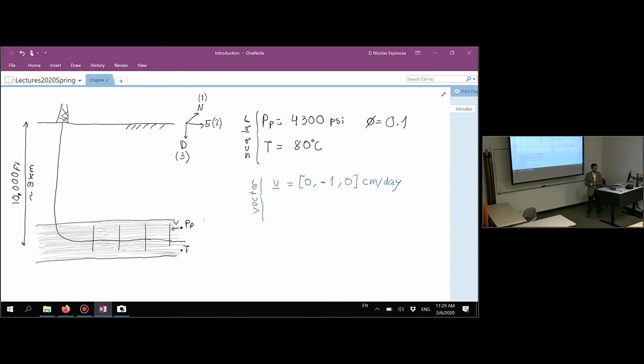Stress, no. A vector is a quantity that we can express with a magnitude and a direction.